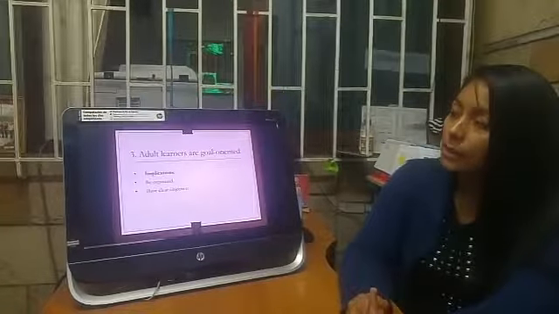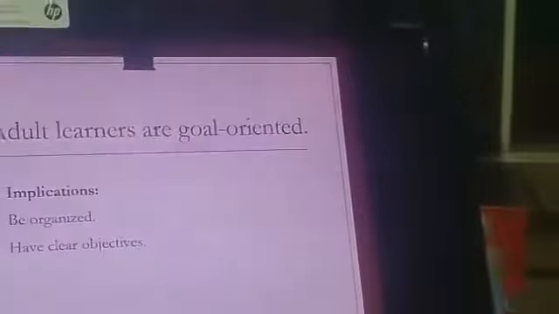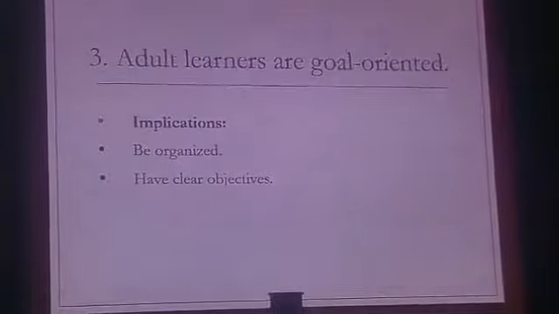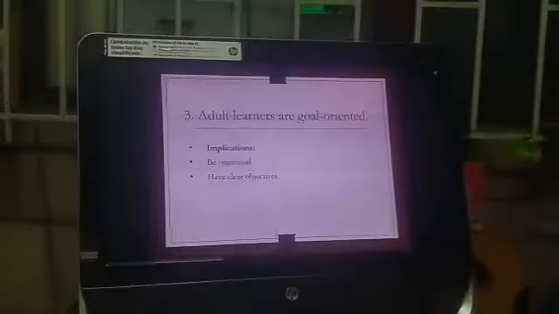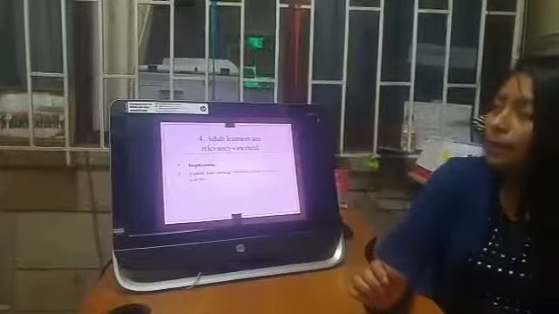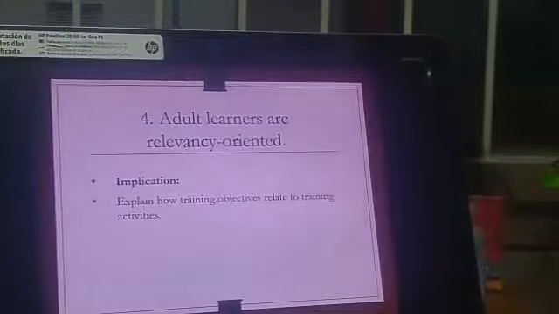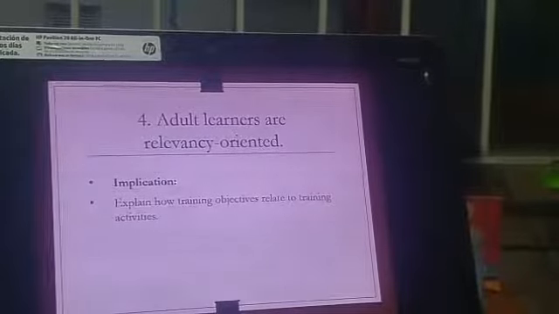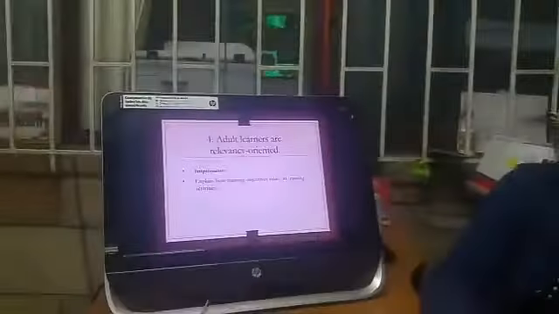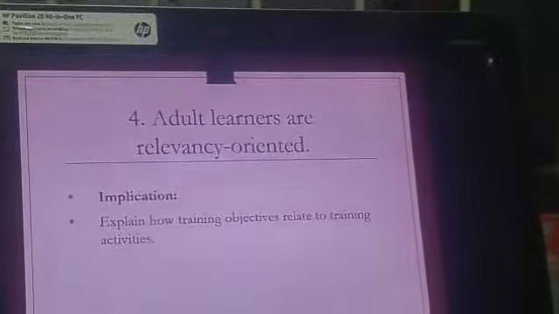Number three, adult learners are goal-oriented. The implication in this case is to be organized and have clear objectives. Number four, adult learners are relevance-oriented. In this case, the implication is to explain how the objectives relate to training activities.